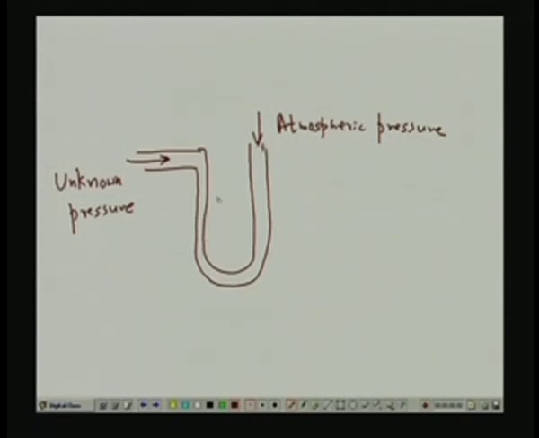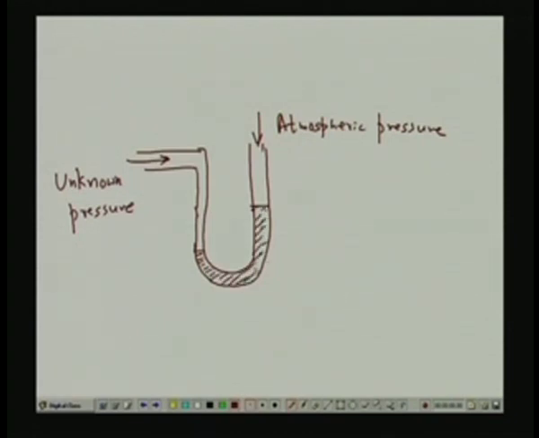Previously we have a liquid like this, the same level on both sides. Once the pressure increases, the liquid column will come down here on this side, and the liquid column will go up on the other side, like this.